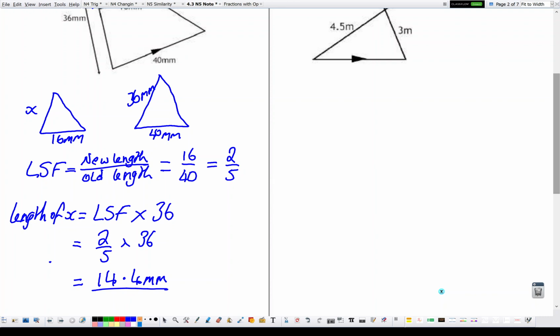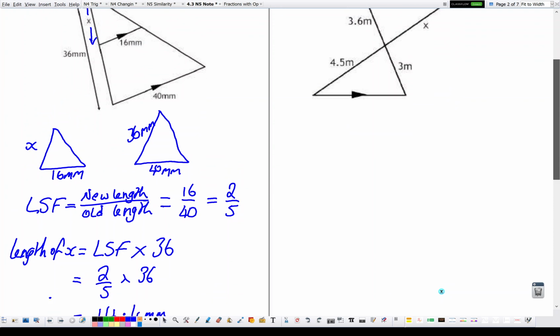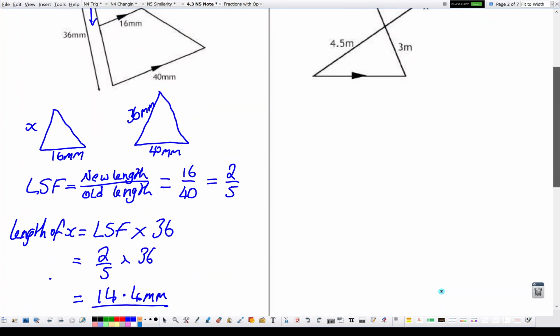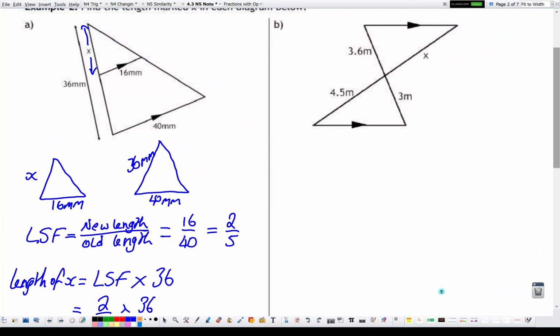Okay, so we've taken the diagram, we split it up and found the length scale factor, then found that value of x. Now we're going to do the same thing here, although slightly more complicated. We want to draw these out in a second so they're both basically pointing the same way.